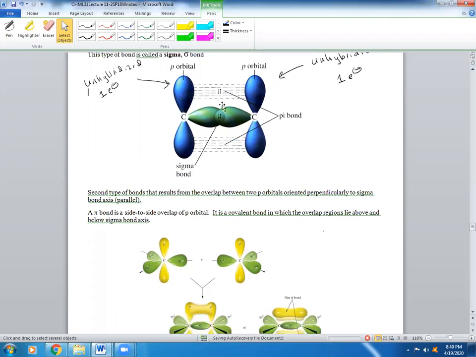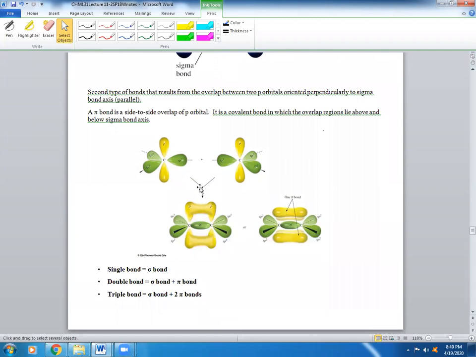So that's called the pi bond. And if you look here, here's a good picture. You see you have the hybridization, sp2, and here's your sigma bond in the middle. But you also have unhybridized p orbitals. And notice the interaction between them.